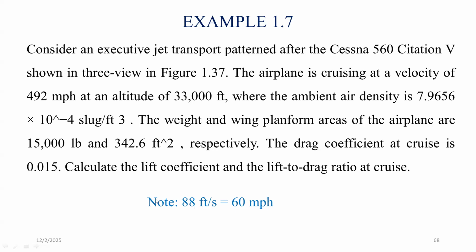In order to solve this problem, we have to convert the miles per hour to feet per second. So 88 feet per second is equal to 60 miles per hour. You have given 492 miles per hour, so we have to convert it into feet per second, otherwise we cannot easily compute this problem.